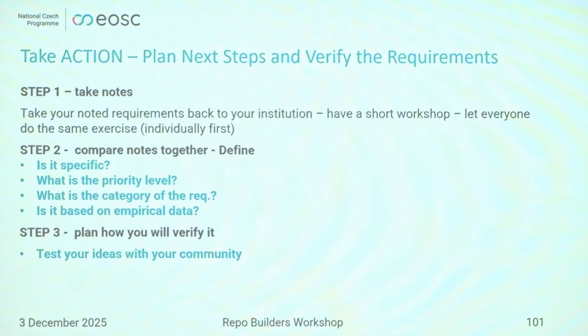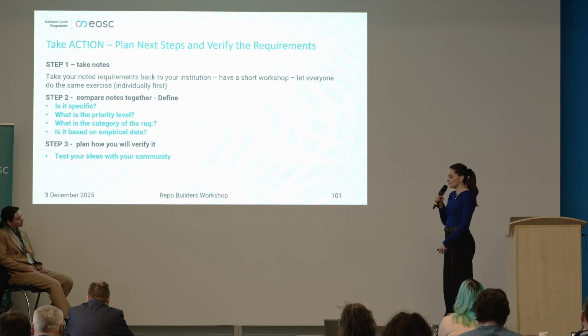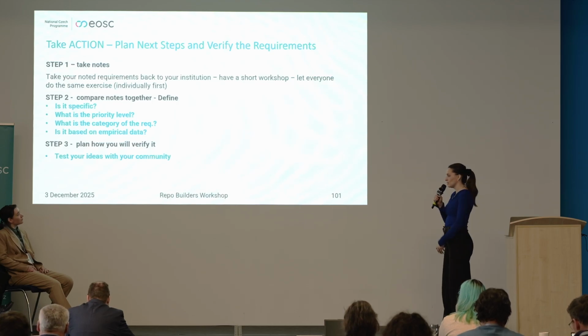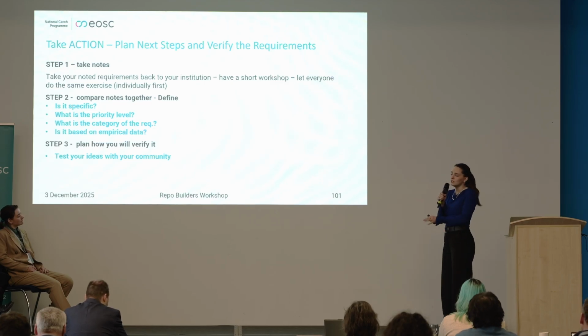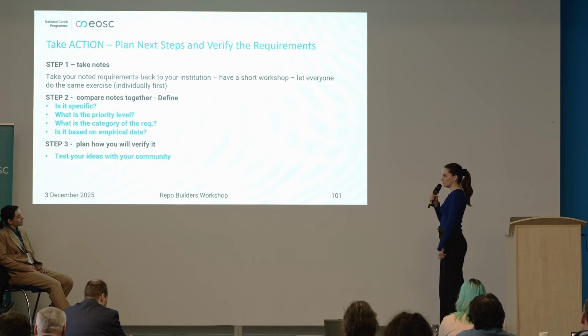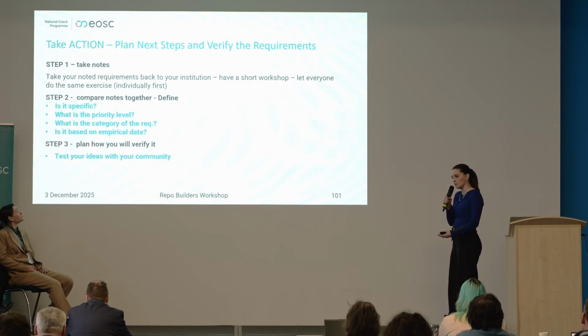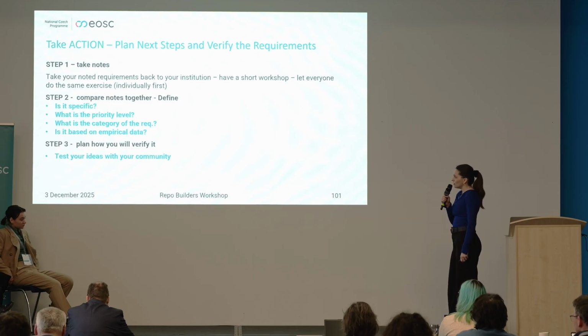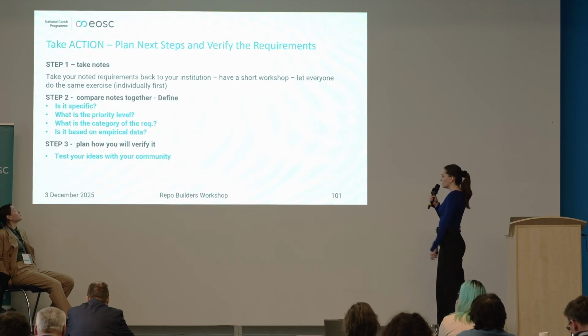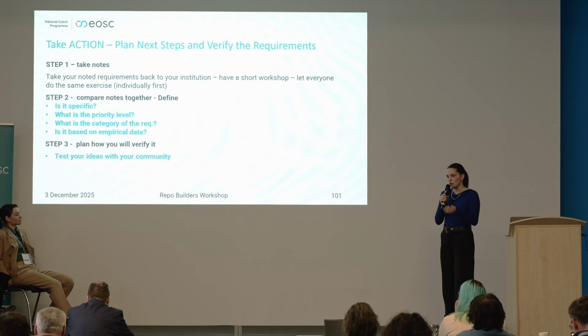Let them write it down, and then you can come together and compare it, and find out if someone else wrote something else. Maybe there is something you didn't think about at all that might be really important, because someone will use it in a slightly different way than you would. And then you figure out if it's specific, what's the priority, all of those things we made in the table.